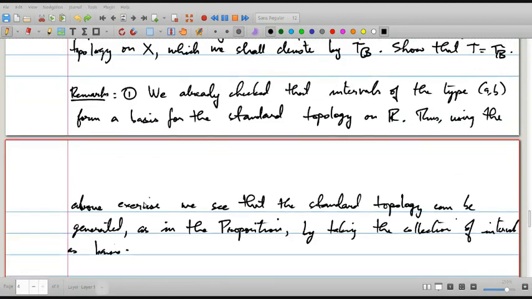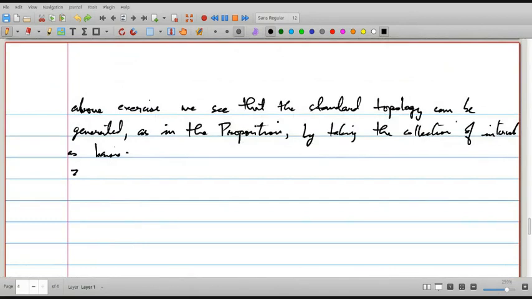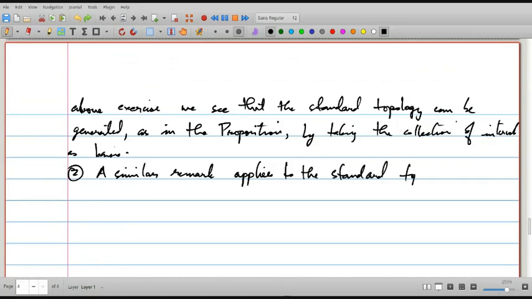A similar remark applies to the standard topology on R2 or Rn.